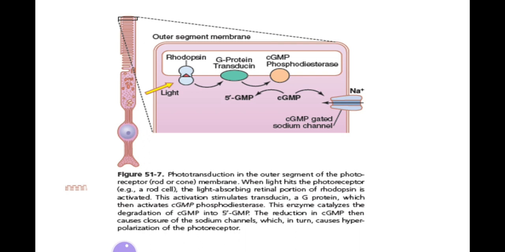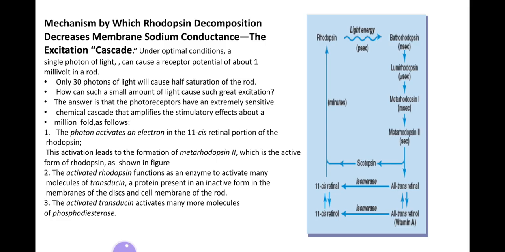In the light there will be closure of the sodium channel as the cGMP level decreases, and in the darkness this level rises and there will be opening of the sodium channels, so increased positivity inside. So there is hyperpolarization in the light and depolarization in the darkness.